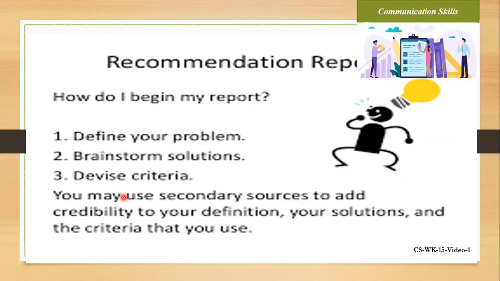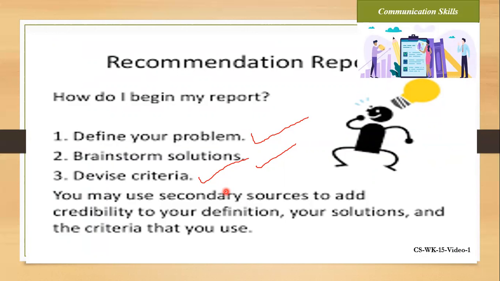How can I write or begin my recommendation report? Define your problem first of all, then brainstorm solutions, then devise the criteria, make the standards. So first of all, we have to define the problem. What's the basic problem? Then brainstorm solutions.